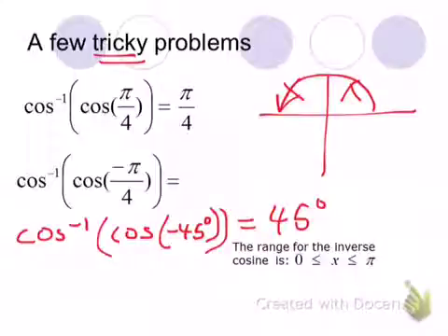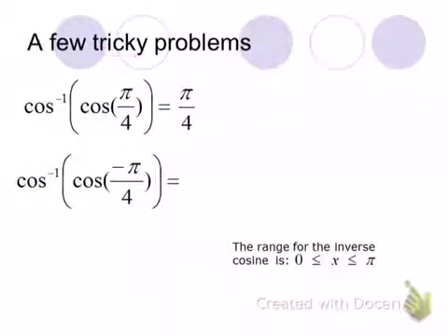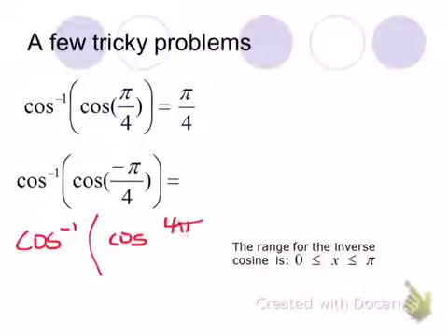All right, let's look at one more of these. Let's do the inverse cosine of the cosine of 4 pi over 3. Now we really want the answer to be 4 pi over 3 because the cosine and the inverse cosine undo each other.